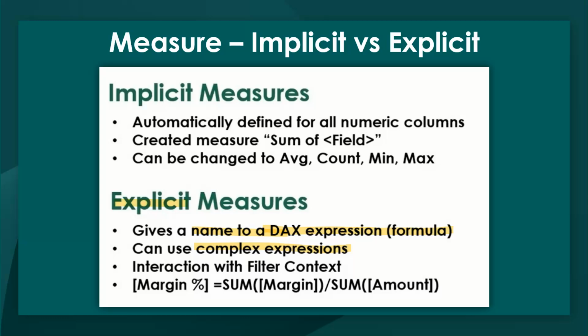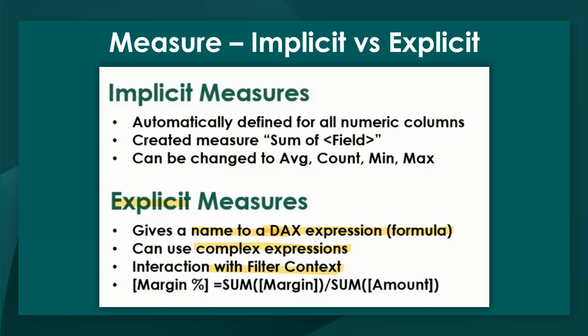Yes, that is very important to understand. Those of you who know the data modeling part will definitely know about the filter context. And I will show you one example: once we create a measure and I put that measure into the pivot table, according to the row values or the column values, it will adjust itself. So it will do a filter context.